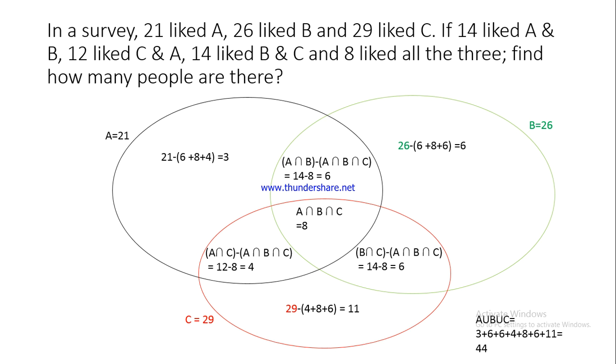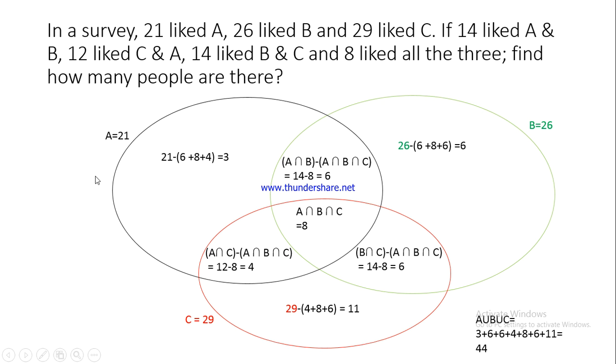Remember that I have not taken up the case in which there is a mention of the complement also, but that can also be asked. Then there would be a simple addition in this question. Supposing, let's say, there are 50 people who have not been surveyed, so they will all fall outside these 3 circles.